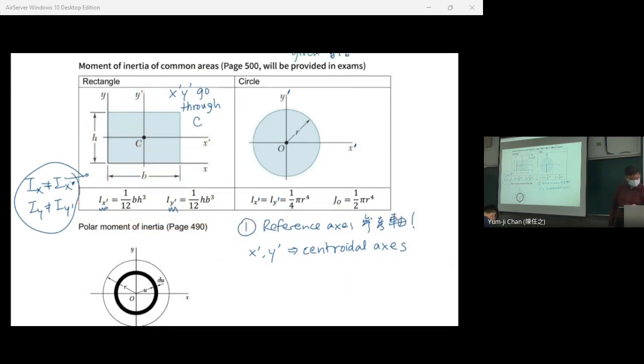The second thing: for rectangles, we have Ix prime equal to b h cube and Iy prime equal to h b cube over 12. So usually I remember it like this.